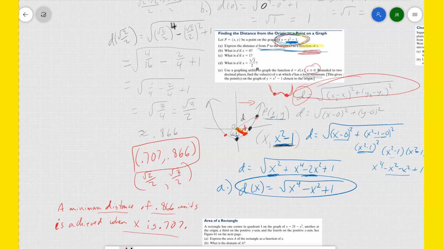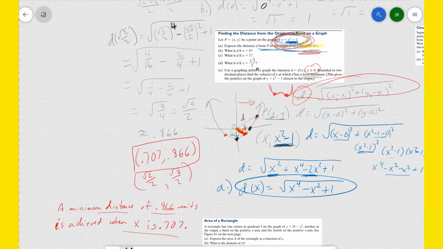I got that from other information in the problem: the fact that we're on this parabola means that all the y coordinates were equal to the x squared minus 1 expression. So instead of writing xy, I wrote it as x squared minus 1. Then I did the distance formula.